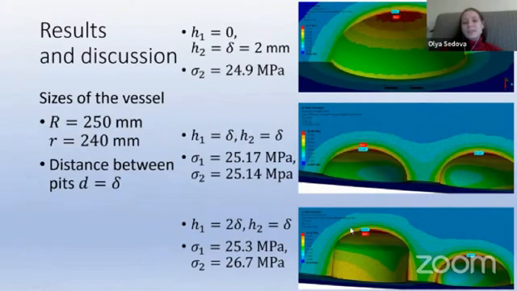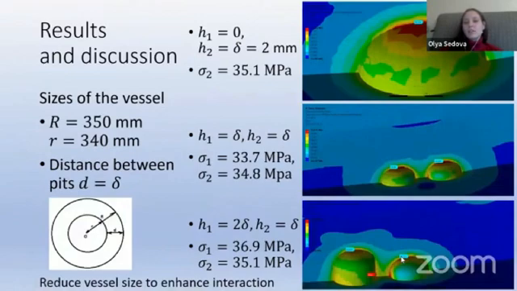But when our pits are growing and become really deep, the maximum principal stress has its maximum not at the bottom of the pits, but at the ligament between them. And this changed a little bit when we changed the size of the vessel.